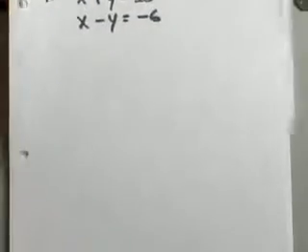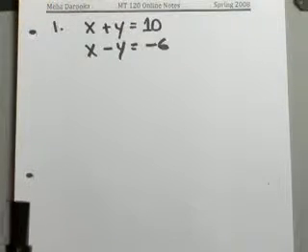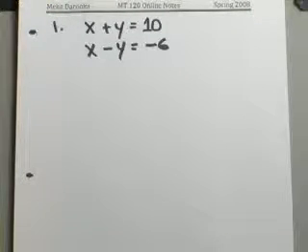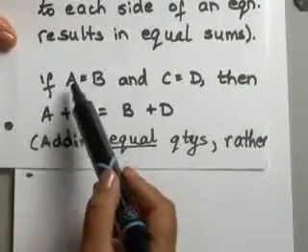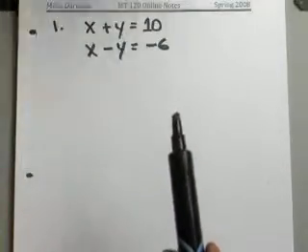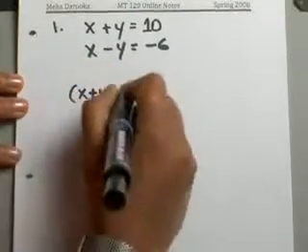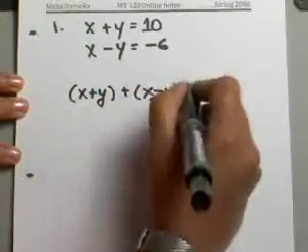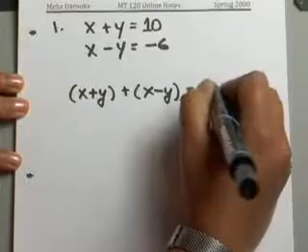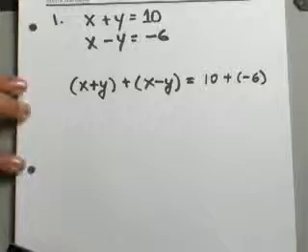Using the addition property that we just saw, just like you had your two equations, add the left hand sides together and then add our right hand sides together. So if I add my x plus y with the x minus y, and on the other side add the 10 with the 6, let's see what we end up with.